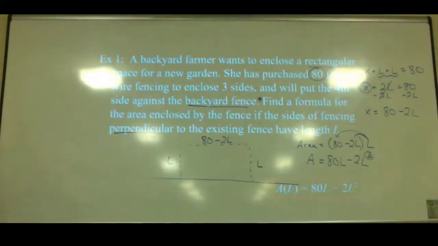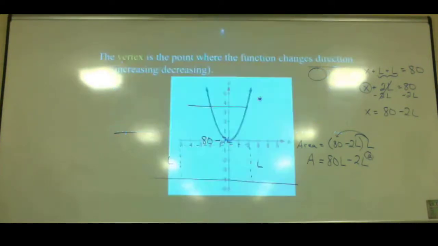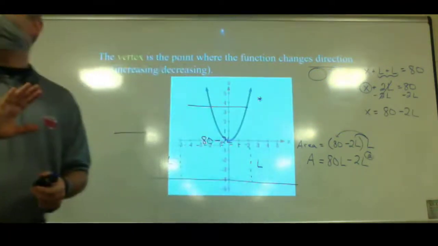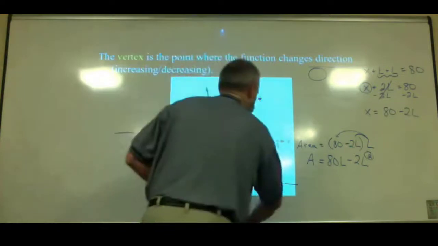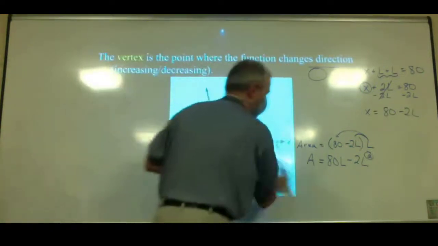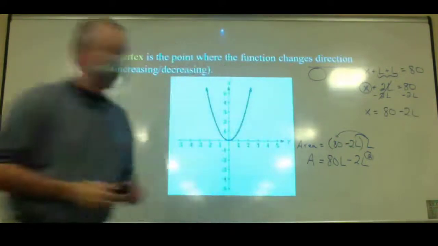Fortunately, we don't have to do that too much, but that's how you would do it. Okay, we are going to come back to this one a little bit later, but let's take a look at another one. Let's take a look at some graphs. Are we okay to go on? Okay. I'm going to leave that there because we will be coming back to it.